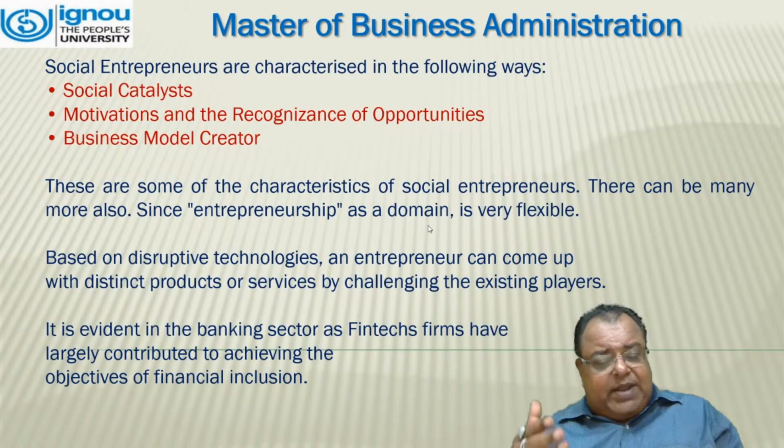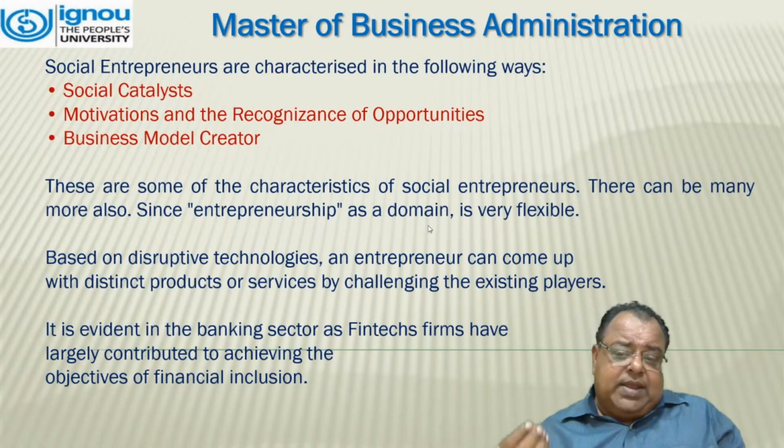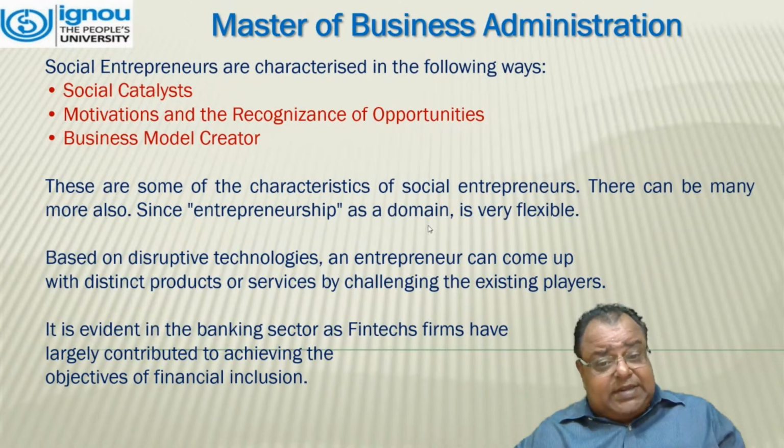Based on disruptive technologies, an entrepreneur can come up with distinctive products or services by changing or challenging the existing players. It is evident in the banking sector, as fintech firms have largely contributed to achieving the objectives of financial inclusion.